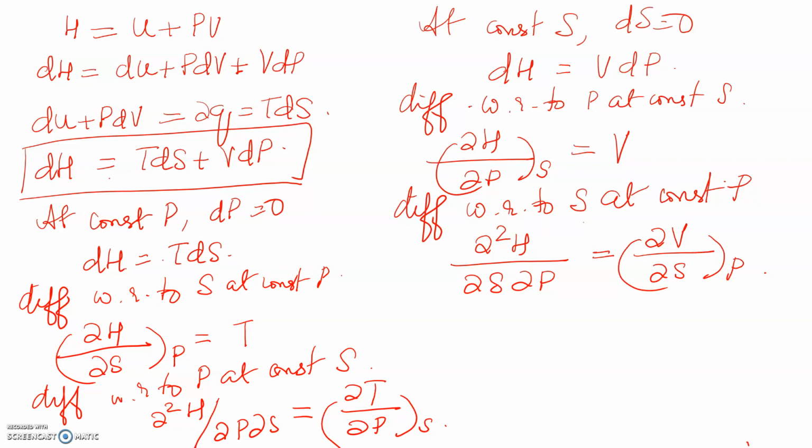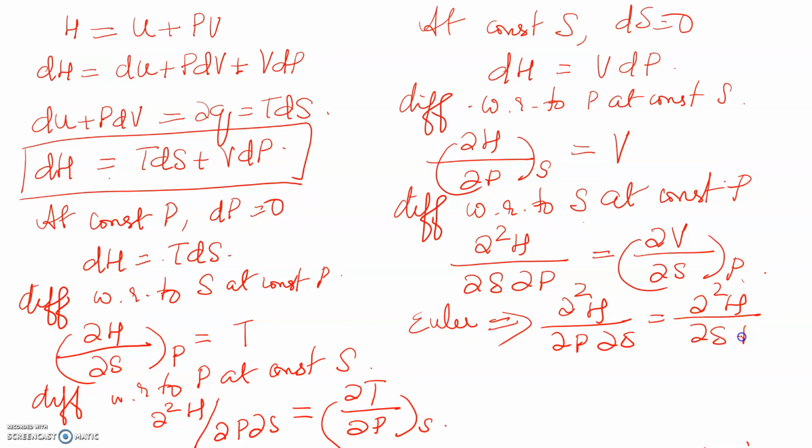Okay. So now we have ∂²H/∂S∂P is equal to ∂V/∂S at constant pressure. According to Euler, what does Euler say? ∂²H/∂P∂S is equal to ∂²H/∂S∂P.